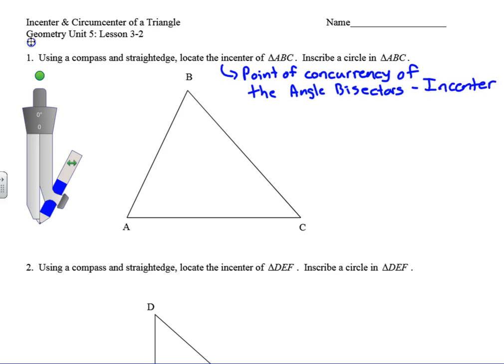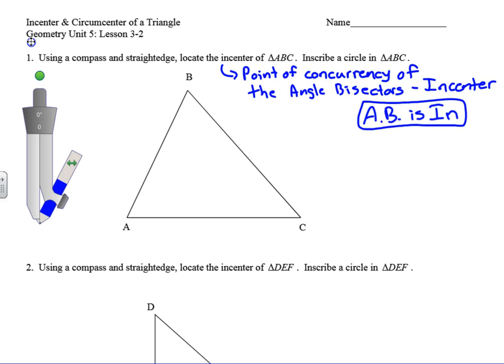All right, when I think of this, my little memorization tool here is AB is in. There's a little song. I'm waiting until we do the other ones before I give it to you, but that's my little thing. AB is in. Angle bisectors, the incenter.